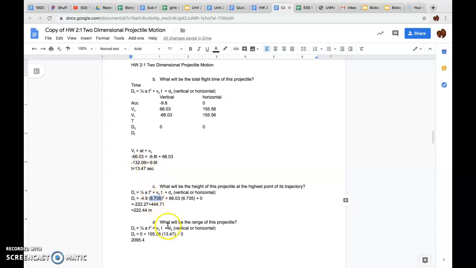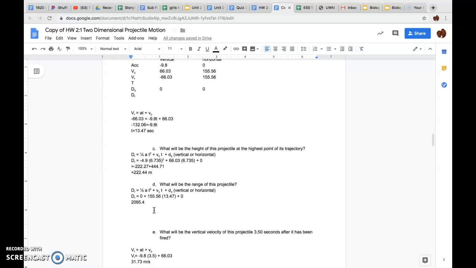Then we square that, and that's added to the initial velocity times the time it's going to be in the air, just as it's rising, and its initial displacement off the ground was 0. If we solve, we end up getting roughly 222.44 meters.